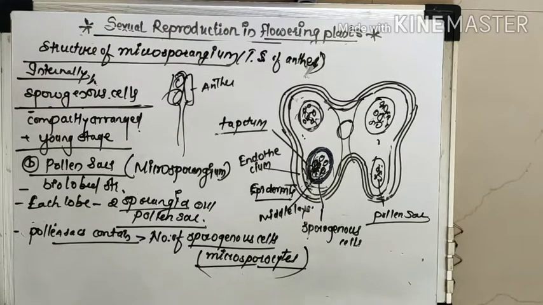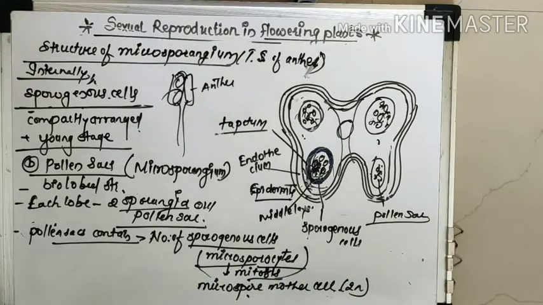These microsporocytes divide mitotically to form microspore mother cells. Each microspore mother cell is diploid in nature.